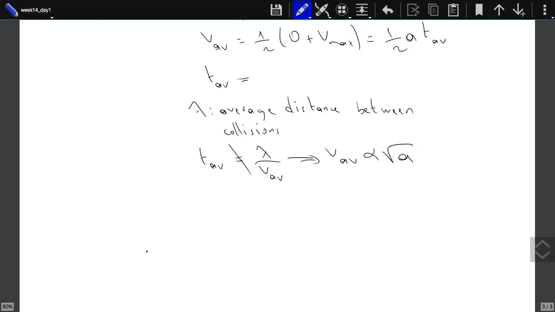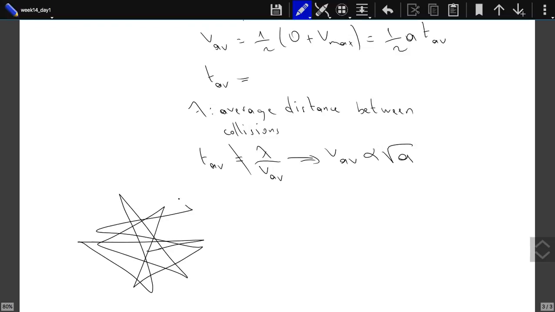So let's say it starts here, moving with some velocity in this direction. It collides, bounces back, keeps colliding. After the collision, its direction of velocity is kind of random. On the average, it stays where it is.